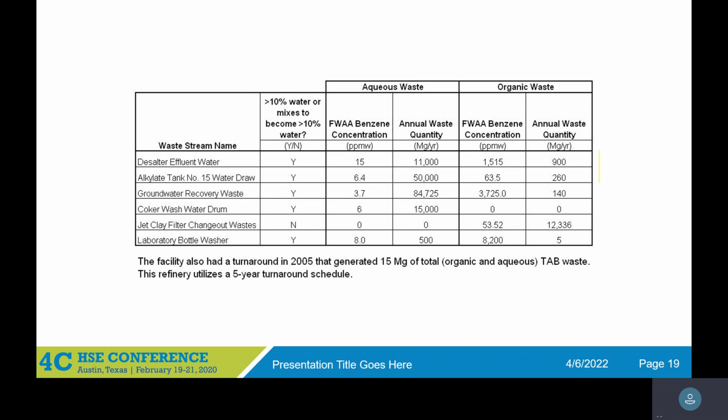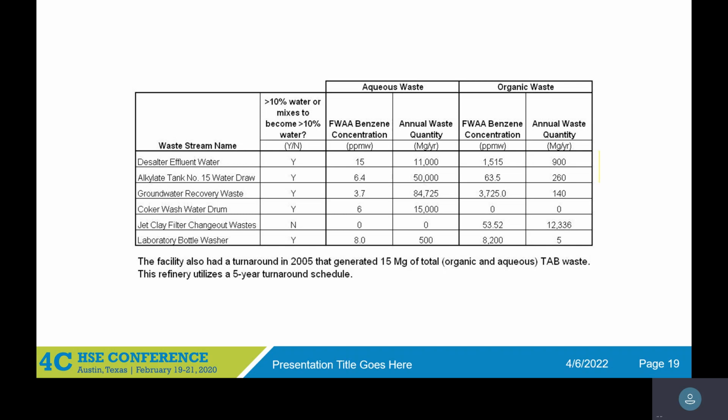Plus, now we're gonna do the organic waste, which should be 1,515 divided by a million, parts per million, right? So just a fraction, times 900. That's 1.3635.